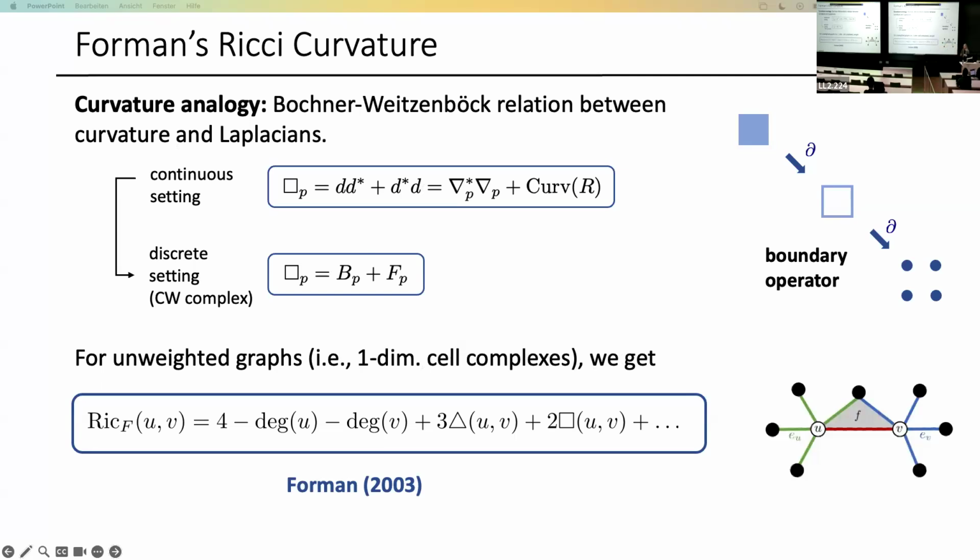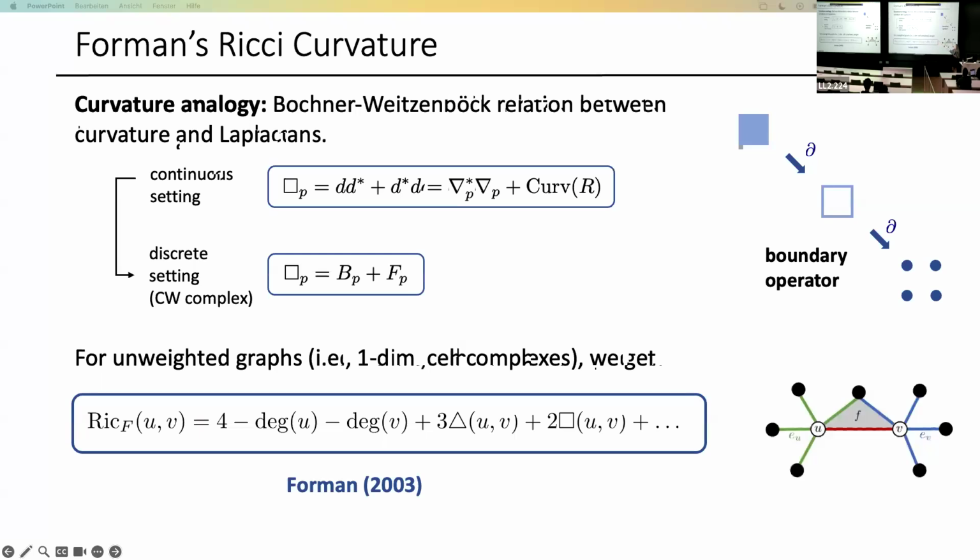This was originally introduced on CW complexes, which is a very general class of discrete structures. But if you look at graphs as a special case of CW complexes, or simplicial complexes would also be a special case, for instance, then you can specialize that to the graph case, which is what we will be doing. And here in the discrete Bochner-Weitzenböck identity, you get the same thing.